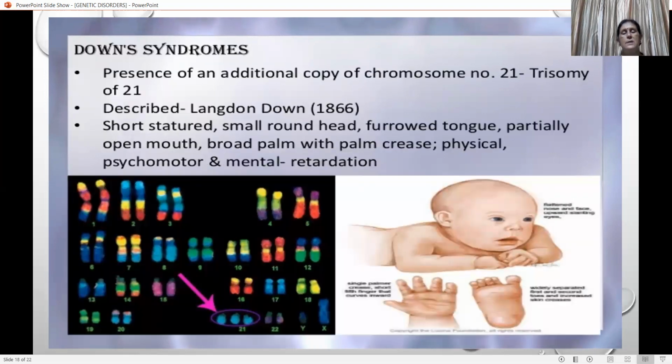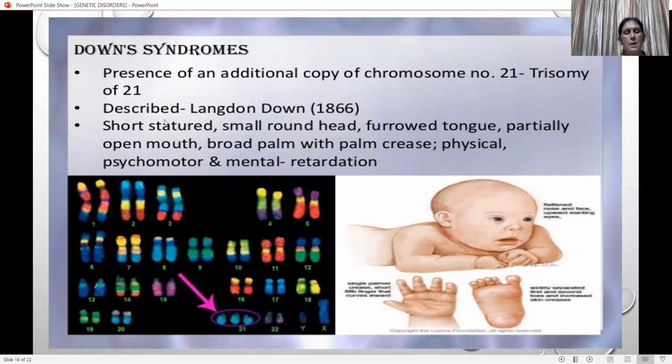Here we first discuss Down syndrome. It is also called trisomy 21 because there is an additional copy of chromosome 21. It was described by Langdon Down in 1866, hence it is called Down syndrome. So what are the main symptoms?